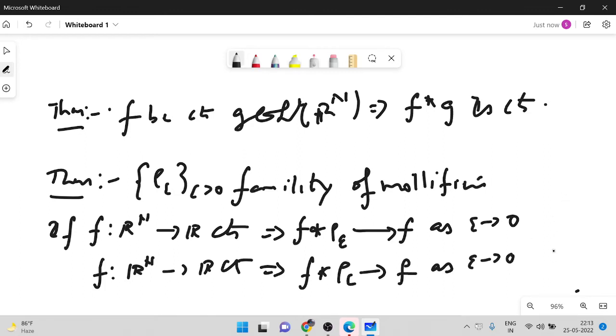Both of these appear the same, but one is uniform convergence and the other is pointwise convergence.